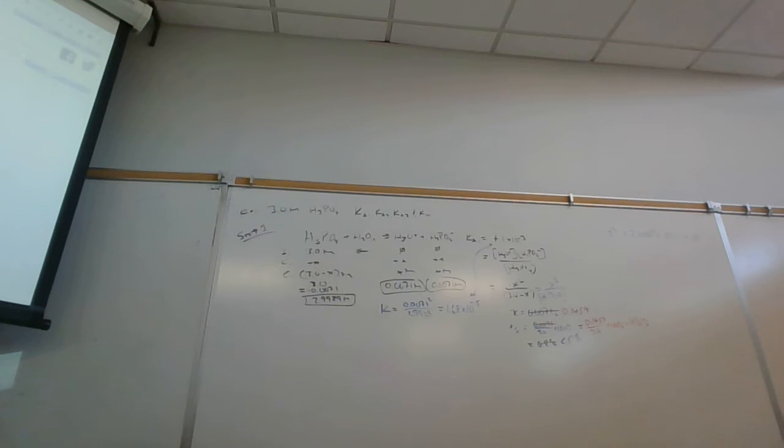We go with a different quadratic formula calculator. Let me try this one more time. 7.1, and that's working, times 10 to the minus 3.